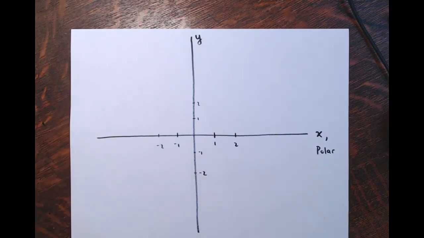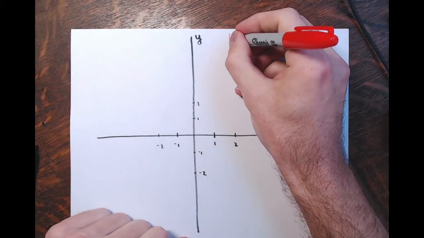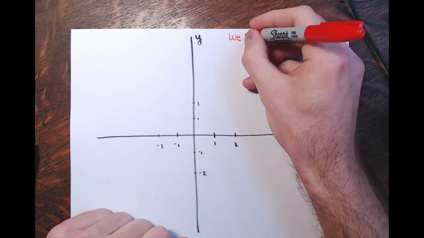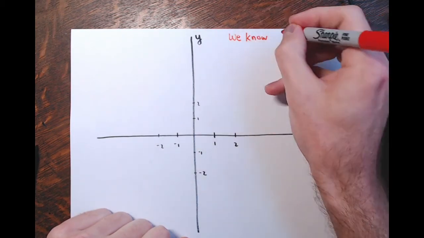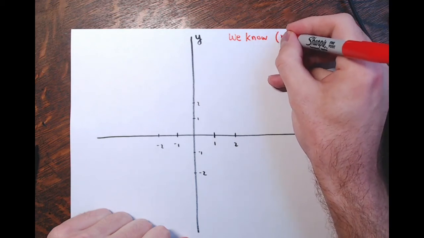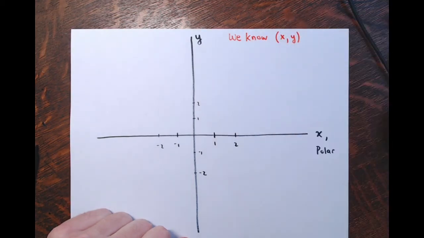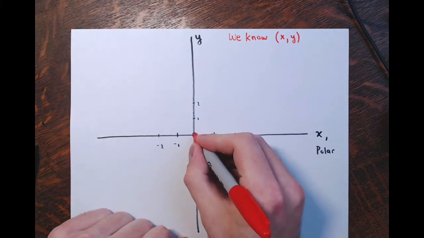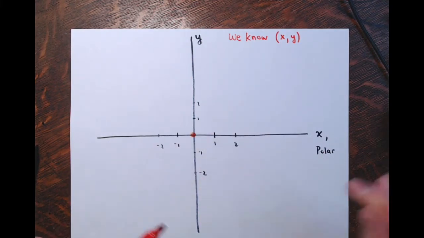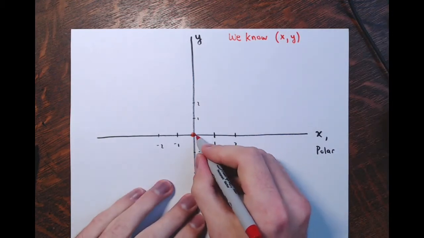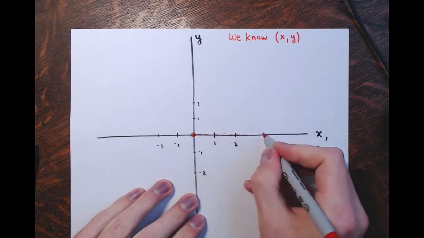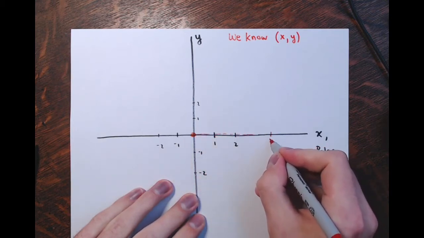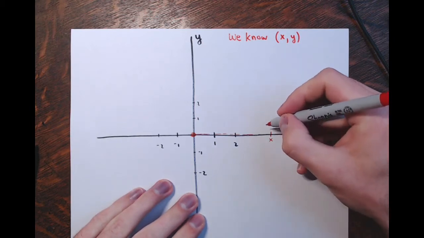Now, remember in rectangular coordinates, say we know the rectangular coordinates and we're going to convert to its polar coordinates. So suppose we know the x-coordinate and the y-coordinate of some point. Remember how to travel there in rectangular. I would go from the origin to the right or left, I'll just say right here, to the x-coordinate on the x-axis, and then I'd go up or down.